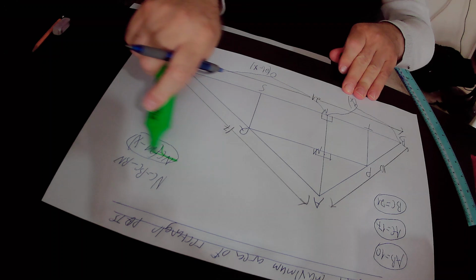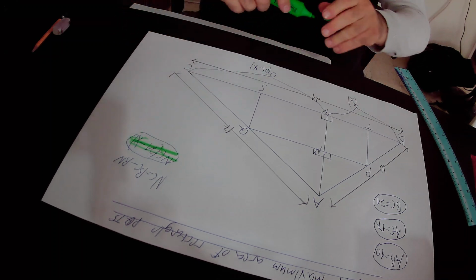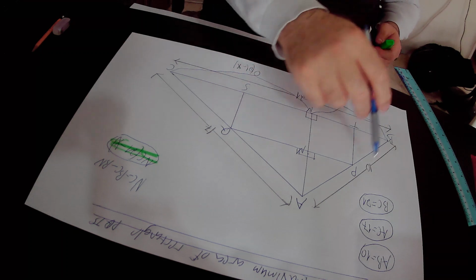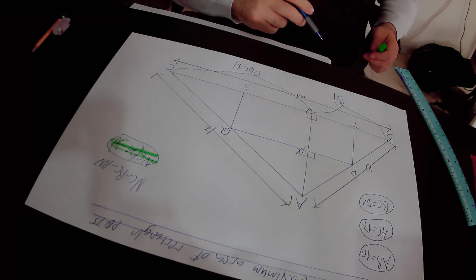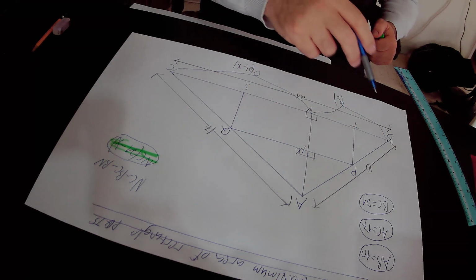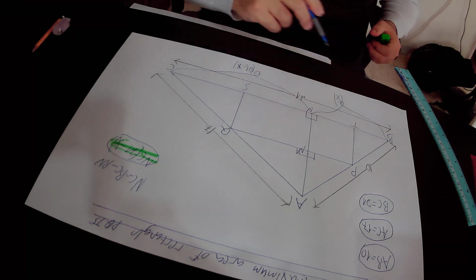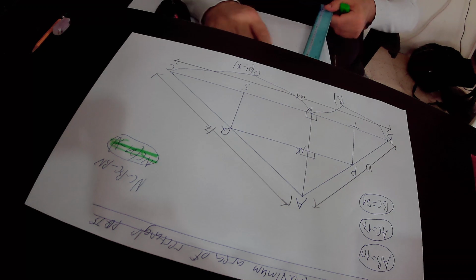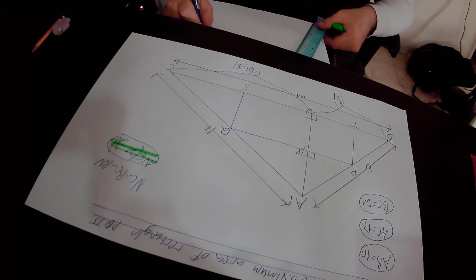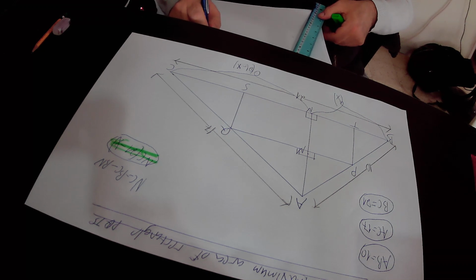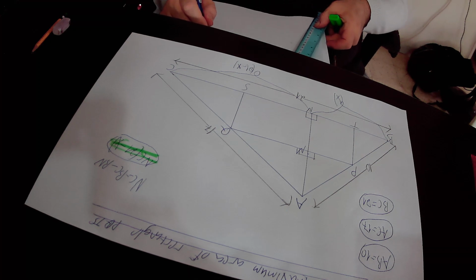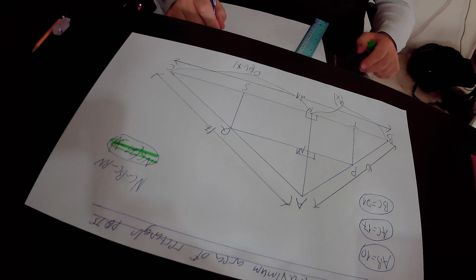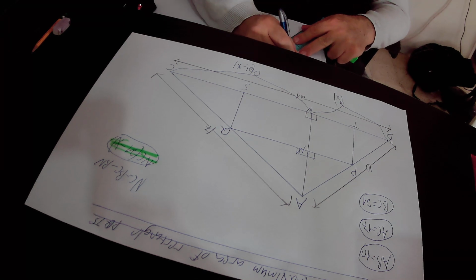In the next step, I'll copy this right triangle ABN in a new page, and we'll implement on this right triangle ABN the Pythagoras theorem. According to the Pythagoras theorem, in any right triangle, the square of the hypotenuse equals the sum of the squares of the perpendiculars.